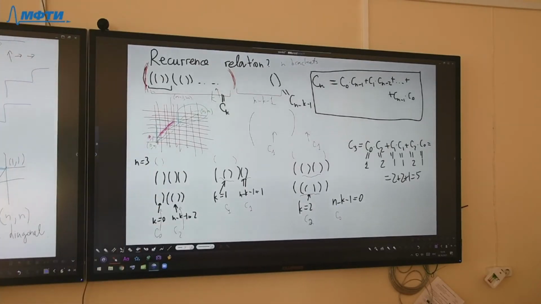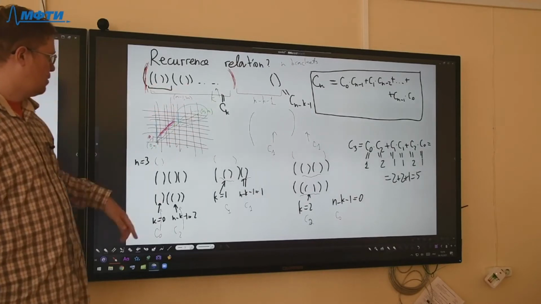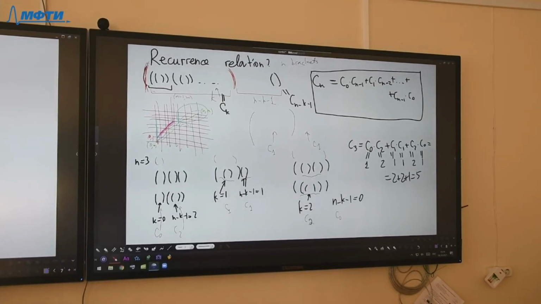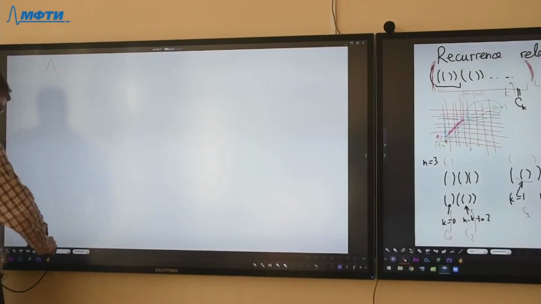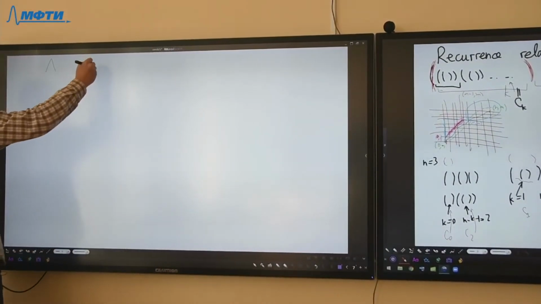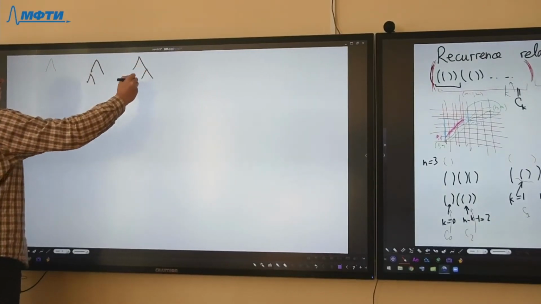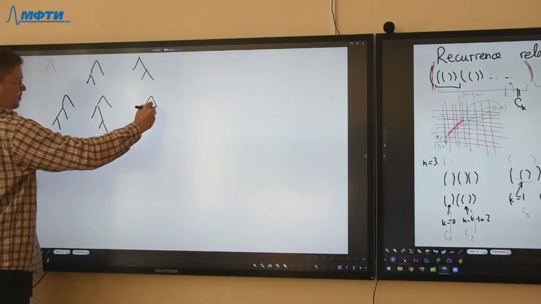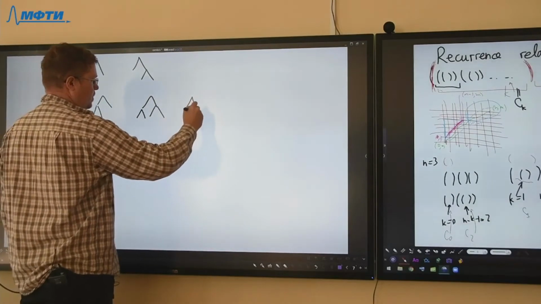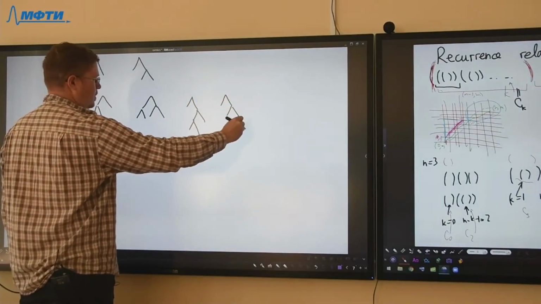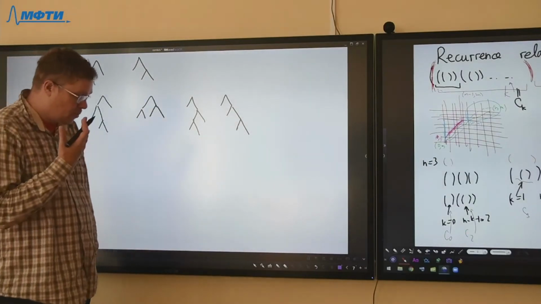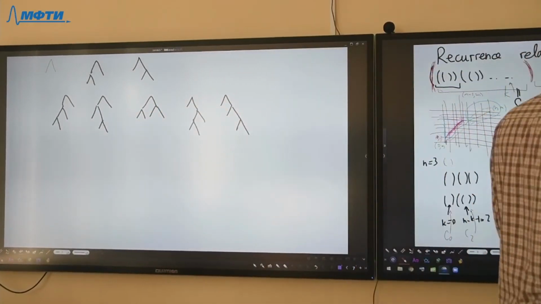But if you understand this idea, maybe now it's easier to see what happens with the binary trees. So if we look at binary trees, maybe we cannot see the bijection, but we can prove the same recurrence relations with the same idea.